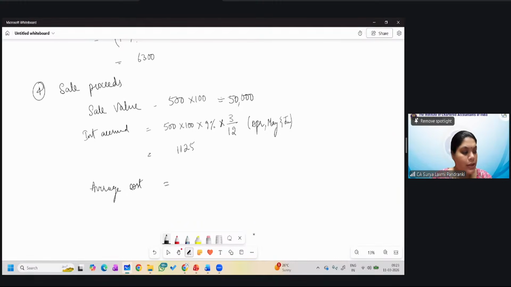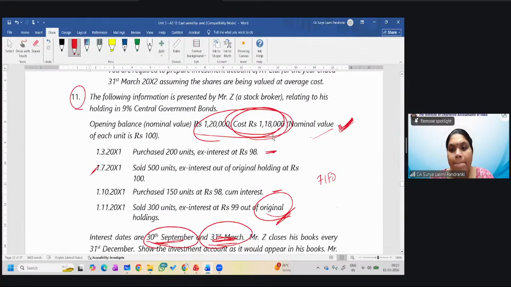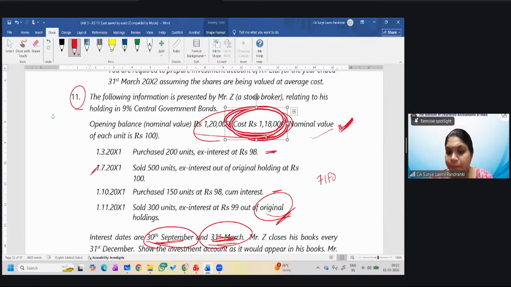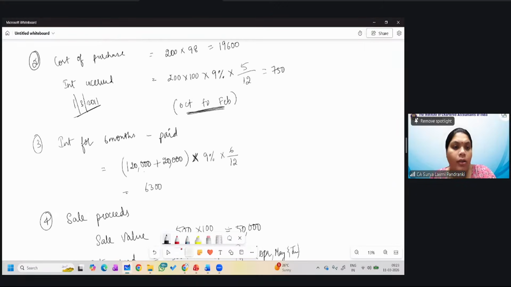What is the cost of the bonds that we have invested? Anyone? 1,18,000. Can you see that? It is 1,18,000. It is not 140. Why am I not taking 140? Why am I taking only 1,18,000?